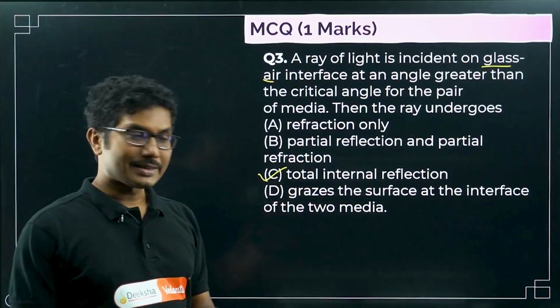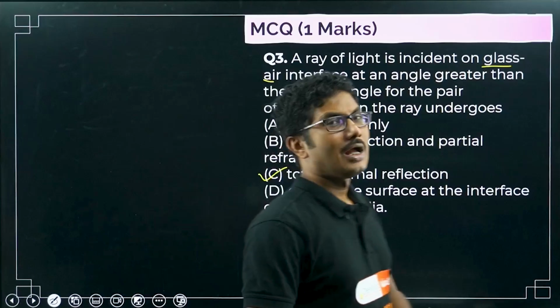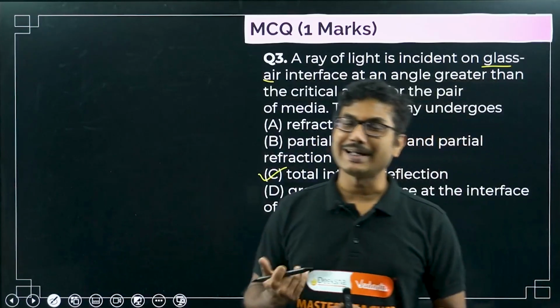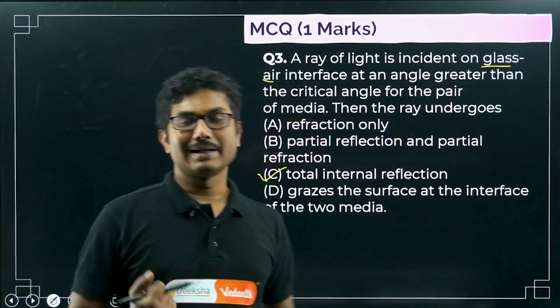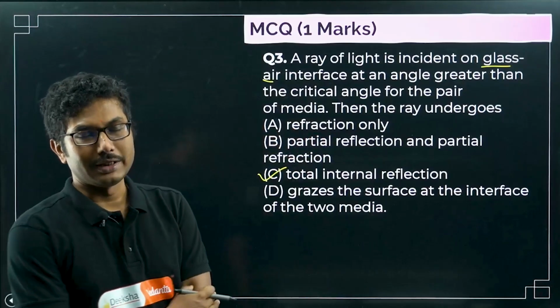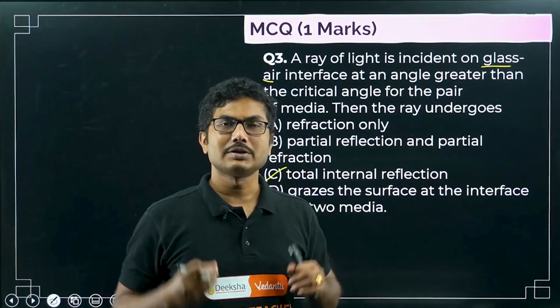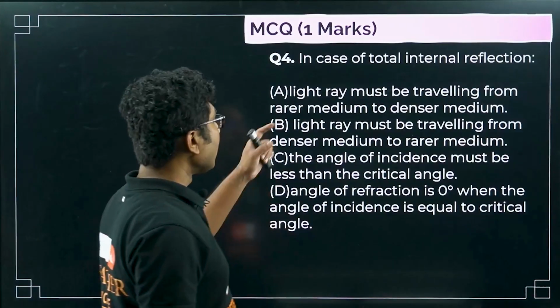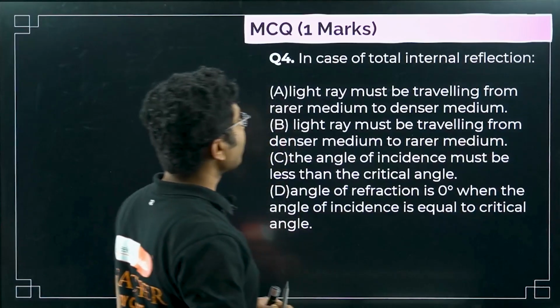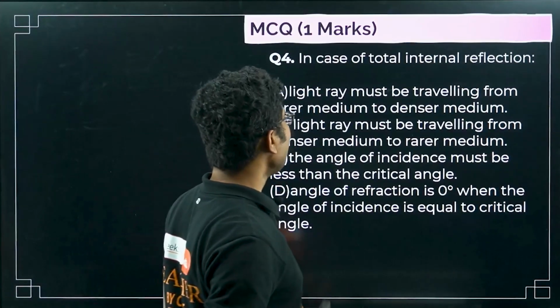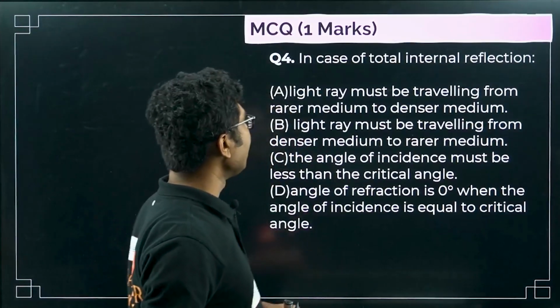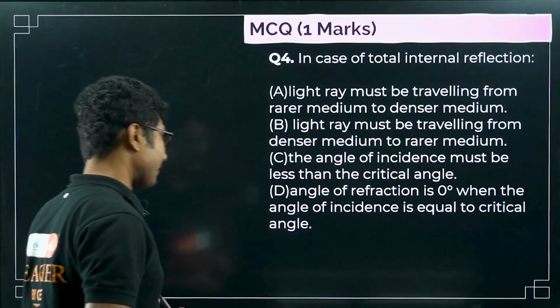Okay, so you have to understand that whenever refraction is happening, there will be partial reflection, but in case of angle greater than the critical angle, it will always be total internal reflection. Now let's look into this question. In case of total internal reflection, light ray must be traveling from rarer medium to denser medium.